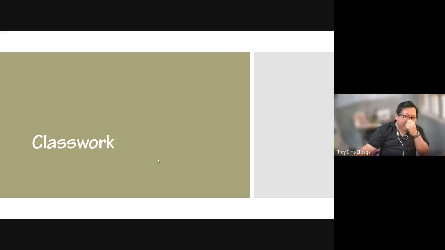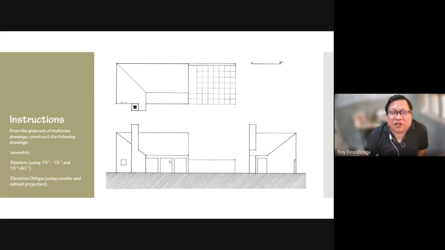So your homework, actually, it's a lot of drawing because you're going to draw this. So pardon the little drawing in the top. You're going to draw this like 5 times. One in isometric, making use of 30 degrees, 30 degrees, and then twice in dimetric, one using 15 degrees and 15 degrees, and the other one using the 15-60 combination.